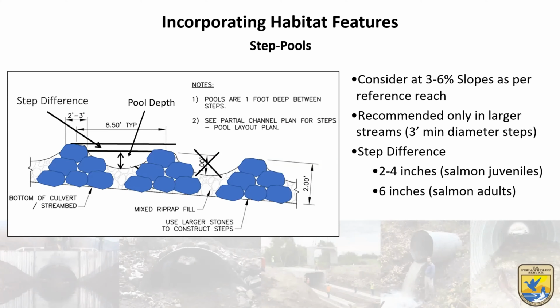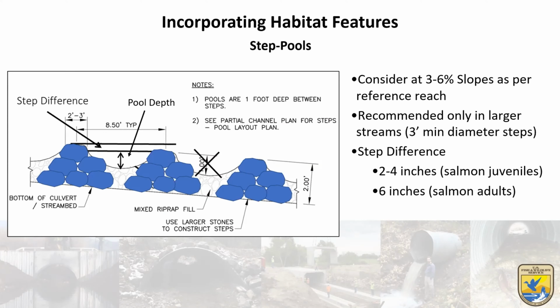So if you're going to do these, we have a few qualifiers with them. They can be a little less stable if you don't construct them correctly. You have to look at the step differences. You can see some of the qualities of step difference that we use in the Matsu for salmonids. And we recommend these for larger streams, probably 15 feet or wider. For smaller streams, it just gets a little tough.